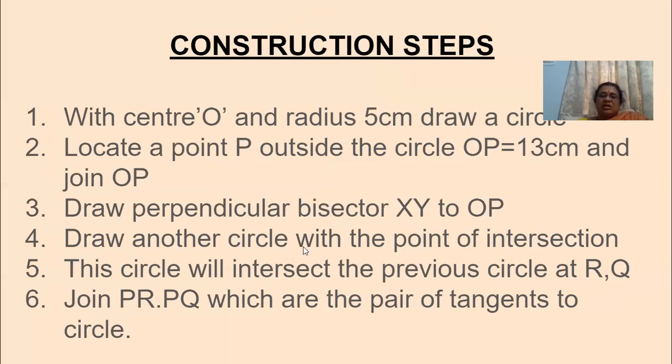Then we have kept the pointer at the point of intersection and we have drawn one more circle so that the circle will intersect the smaller circle at R and Q. We have joined PR and PQ. These two are nothing but the pair of tangents to the circle. So this is all about the first construction.